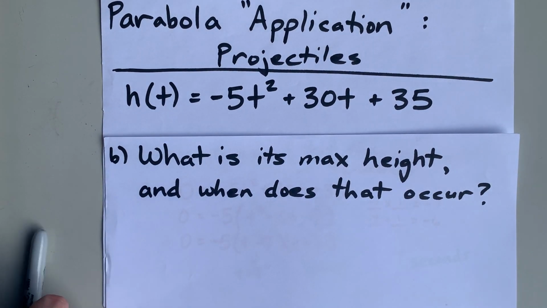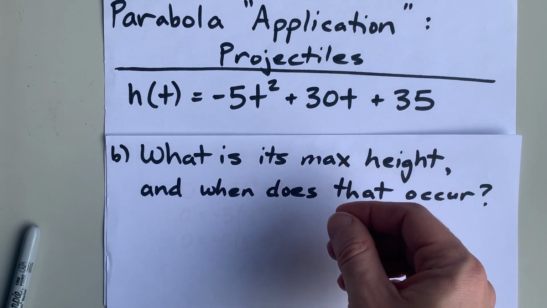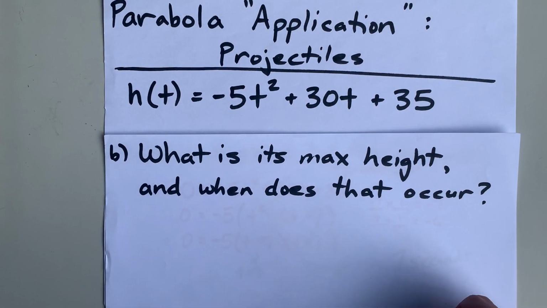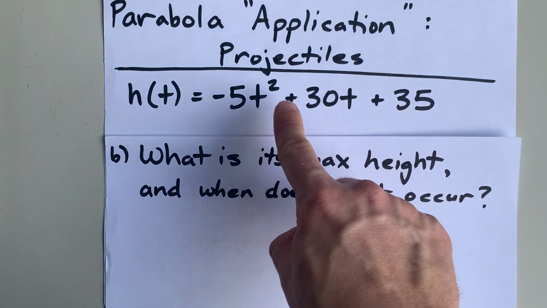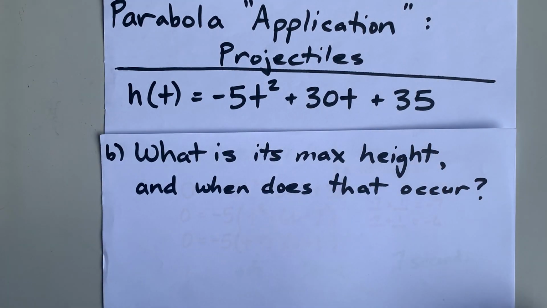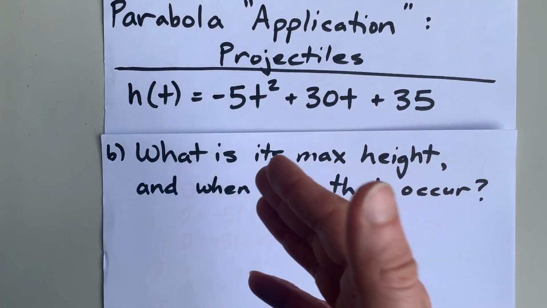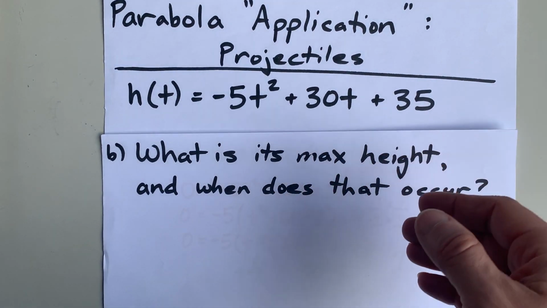Now, there's lots of ways to find the maximum, aka the vertex of the parabola. One option is to complete the square on this standard form equation. Another option is to use a shortcut formula, x equals negative b over 2a.